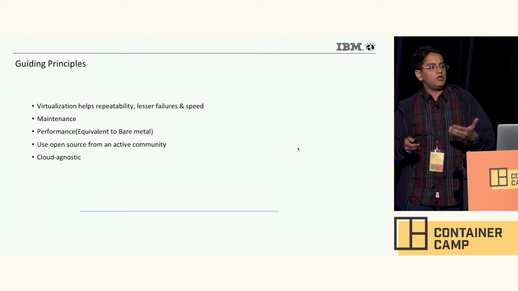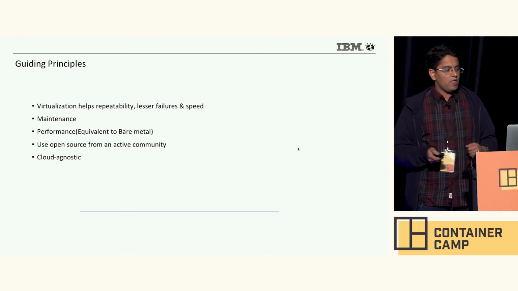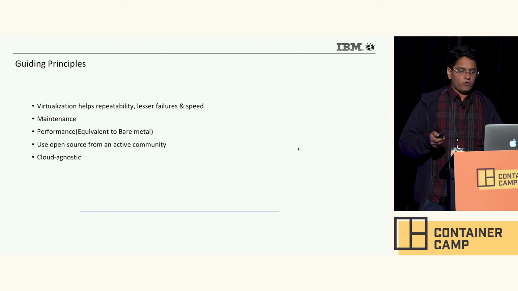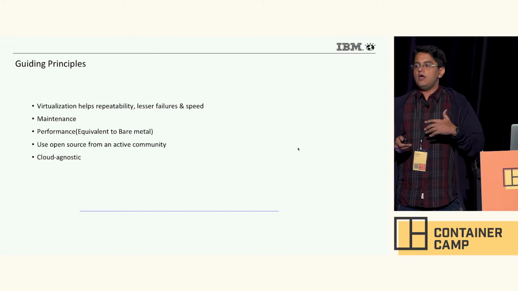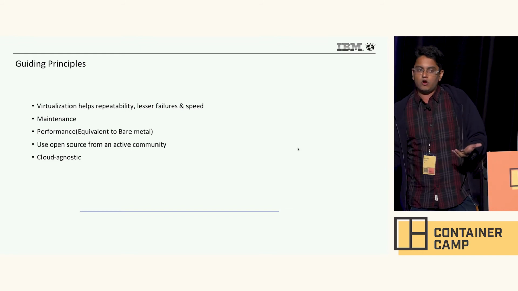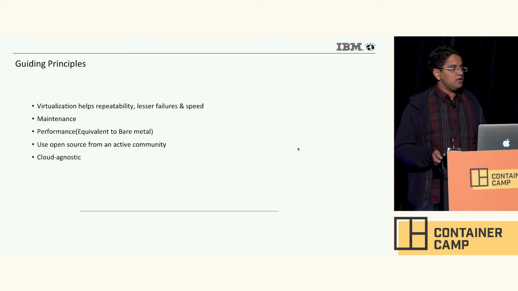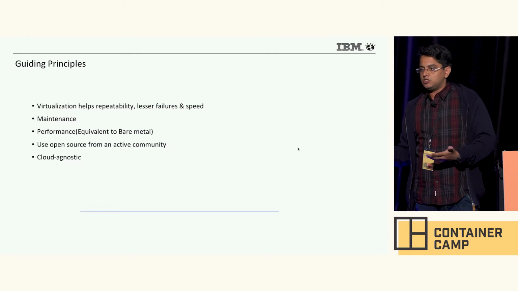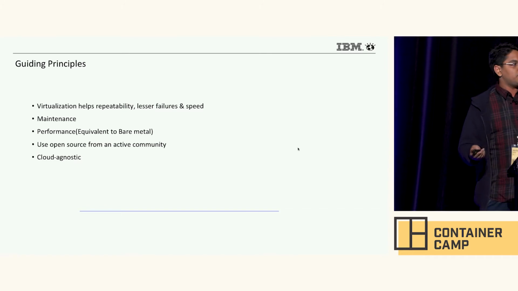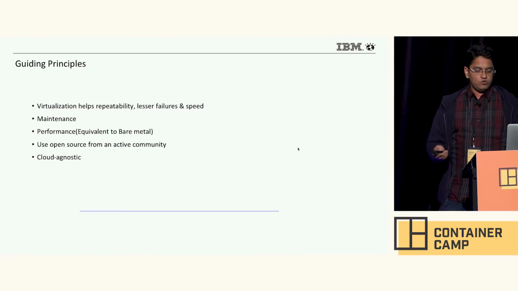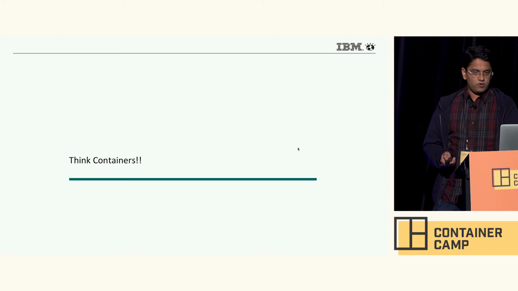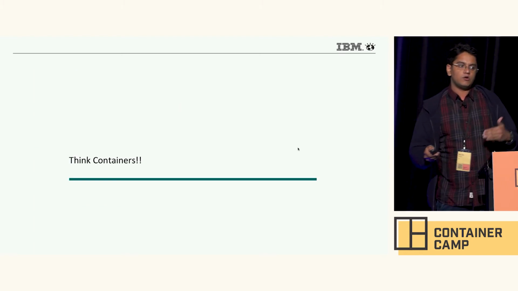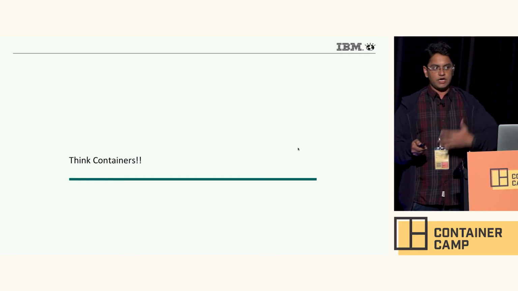So we are basically looking for some imaging solution around it, and we are not going to compromise on the performance and the speed which bare metals provide to us, and we are not going to hand code everything. We are going to adopt open source as much as possible, and we want our solution to be cloud provider agnostic also, so that we can work on any public cloud and don't use the vendor specific offerings from public clouds. So we started prototyping around containers, mainly from the imaging side of it.